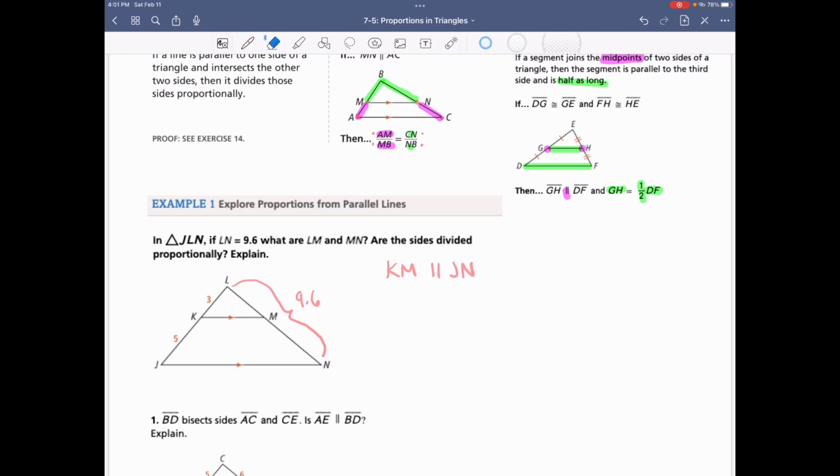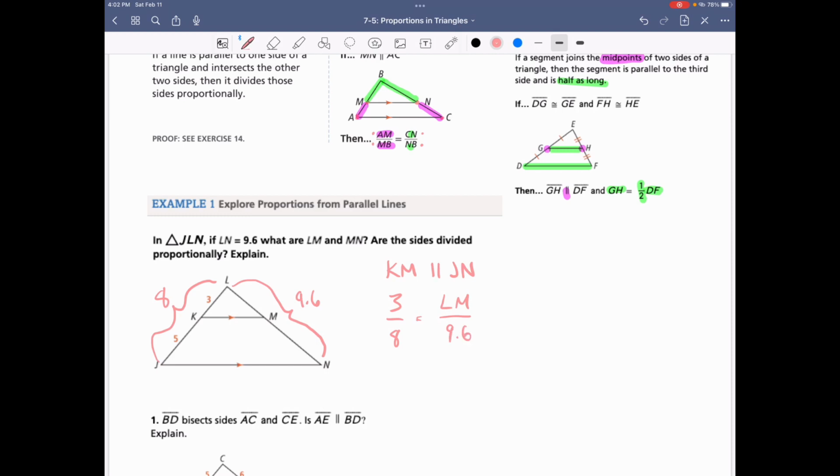Next, we want to set up a proportion. So we'll take the little triangle, so that we'll use the 3, and that is going to be proportional to LM. And then I'm going to take the whole side, which is 8, because 8 will be proportional to 9.6.